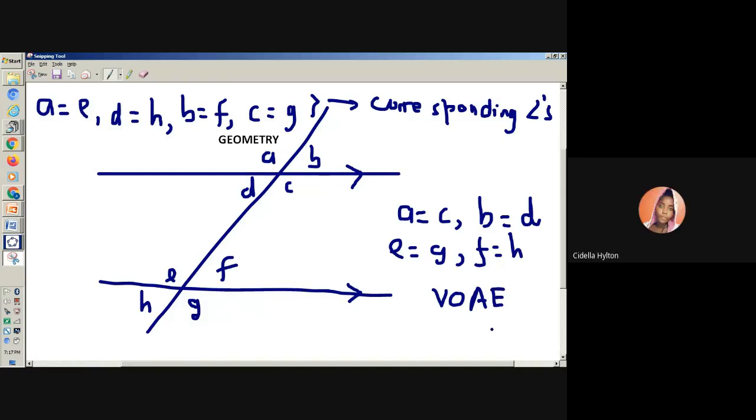I don't understand the first part, sir. We say at the top, sir, about complementary. You mean corresponding angles? Yes, sir. Right.